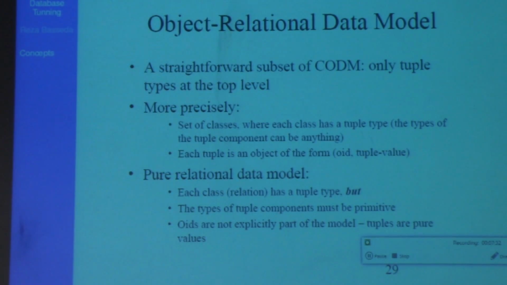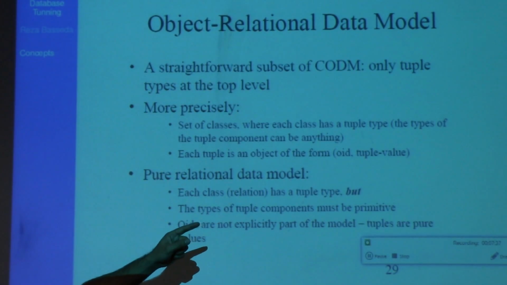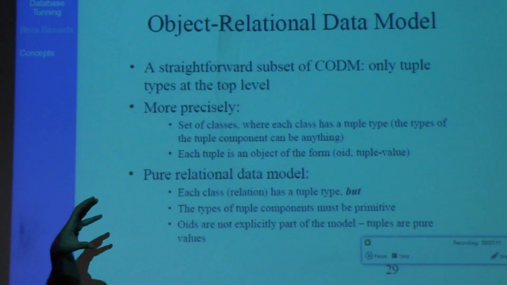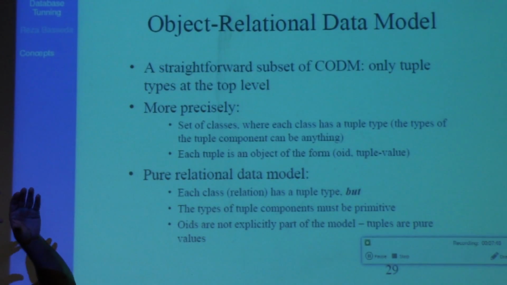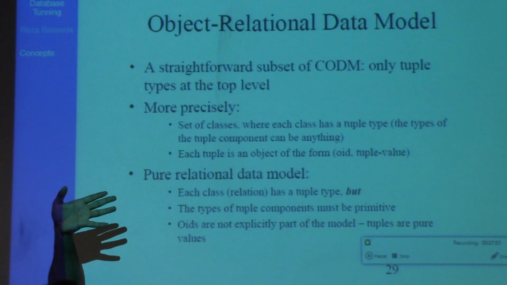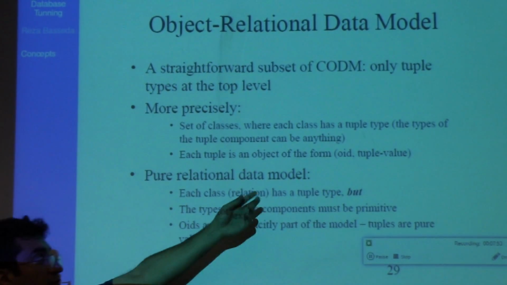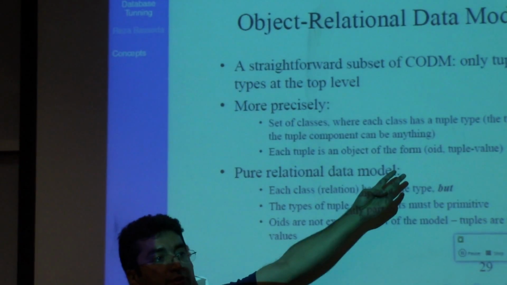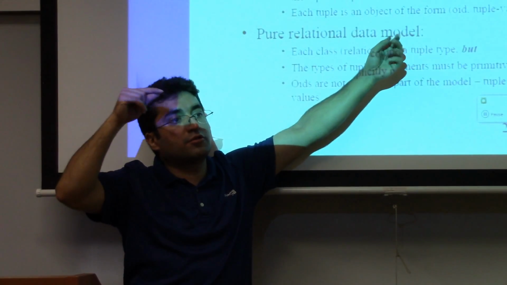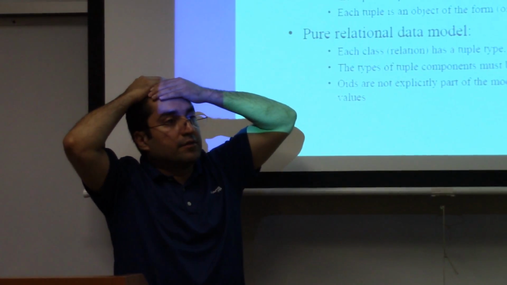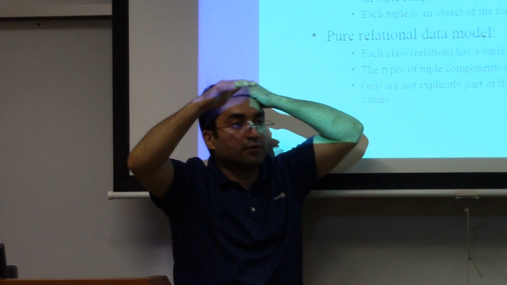Each tuple is an object of the form object ID, tuple value. What does it mean? The objects are the tuples, right? The class of students is a set of tuples of attribute values, right? That value also has an object ID. So when you are referencing one tuple, you are just using that object ID. So is that clear?